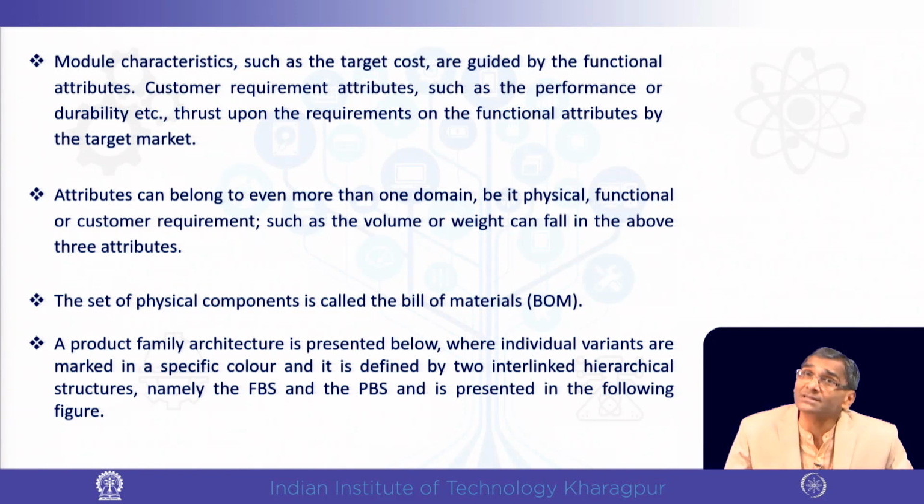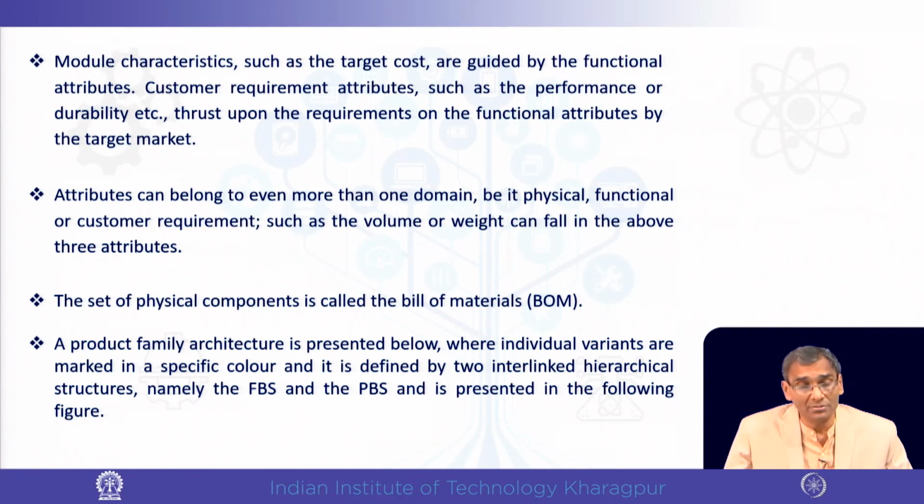So, the target market asks for this, that it needs to satisfy this, it needs to have this kind of clarity in the TV screen, this will be the quality of audio, this will be the voltage stability of the battery, and so forth. So, these are the things that the market thrusts upon the functional attributes requirement.